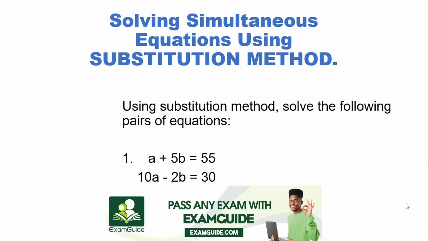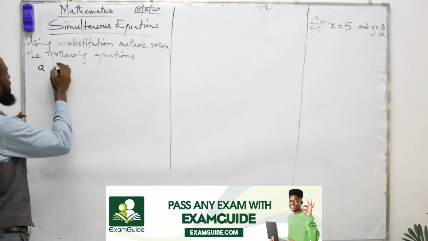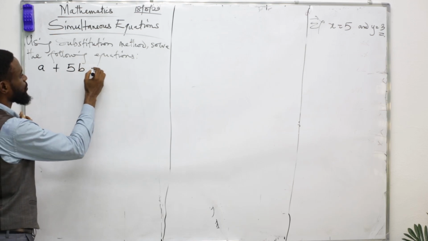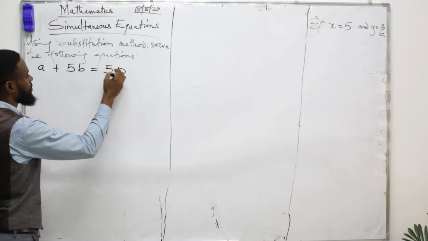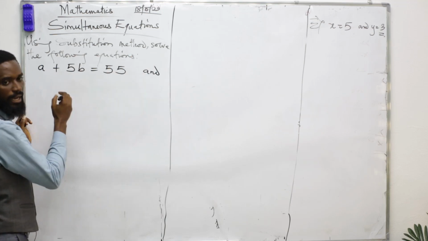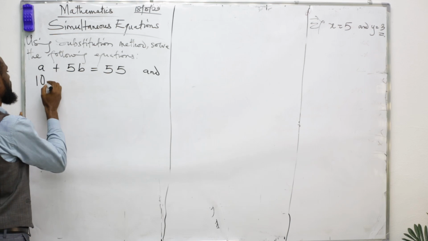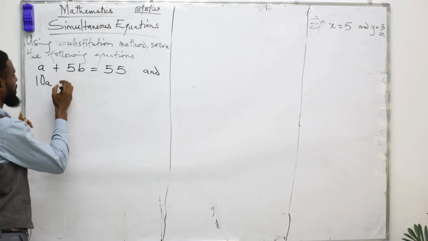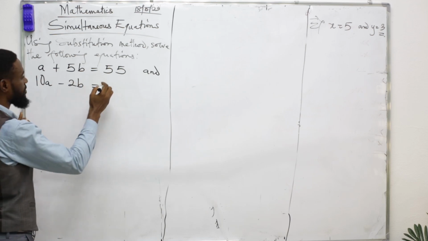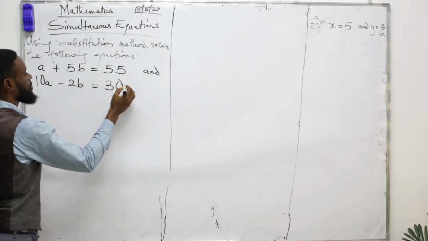What are the equations? Let's say A plus 5B is equal to 55, and 10A minus 2B is equal to 30, full stop.